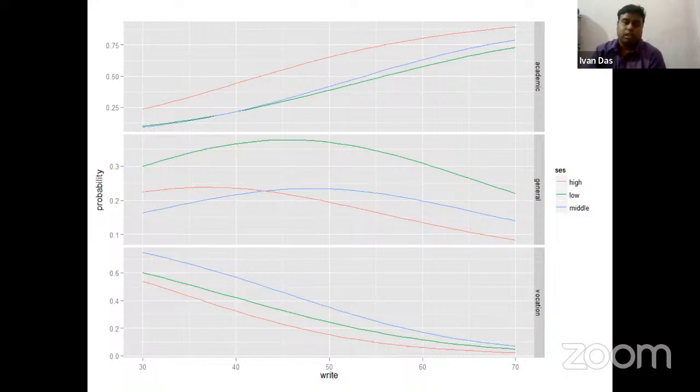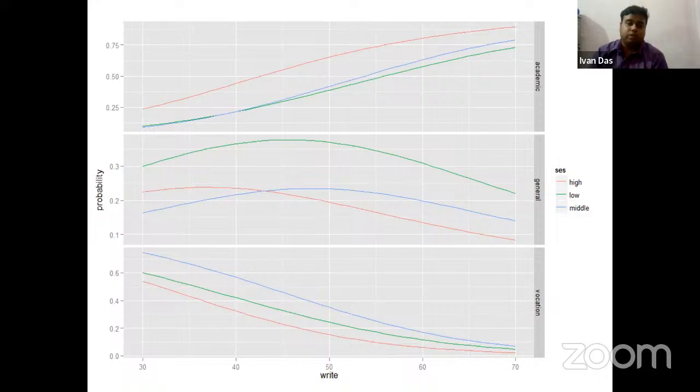And which is the least one? The green one, the low one. Note the gap in between. The red one is flowing much above the blue and the green, which means the probability of a high SES student falling in the academic domain will quite well surpass the low and the middle one. The low and the middle probabilities of being chosen are more or less similar here.